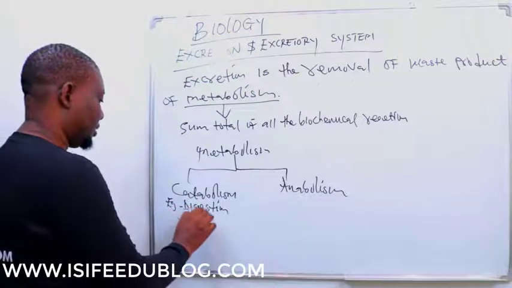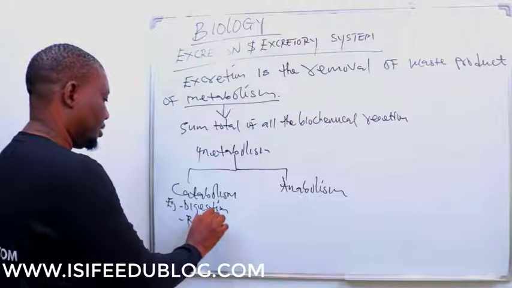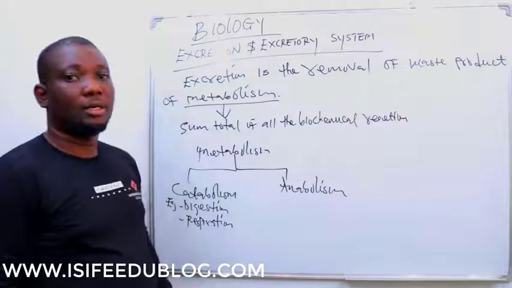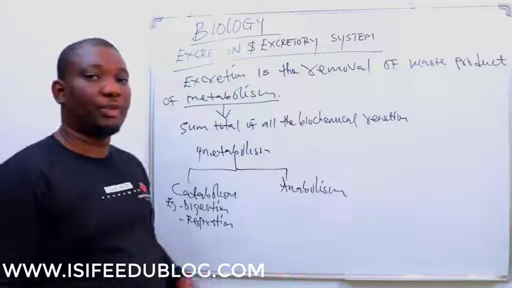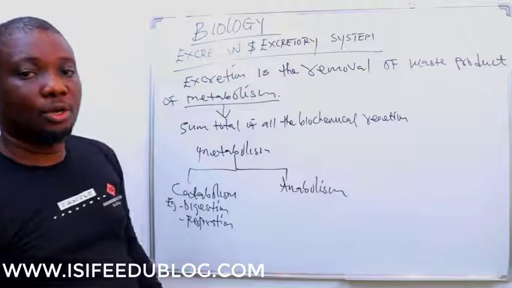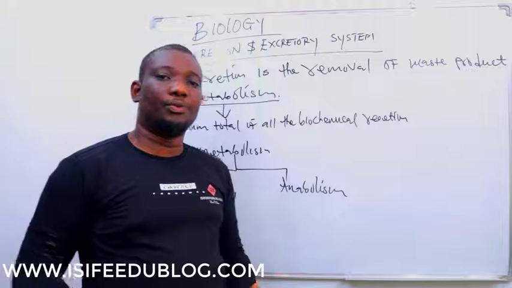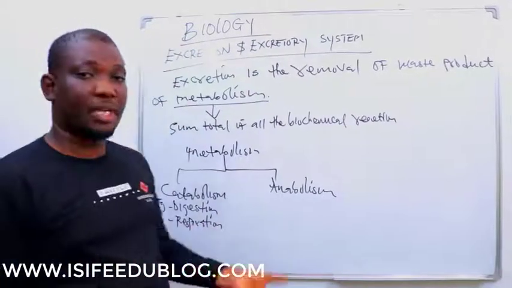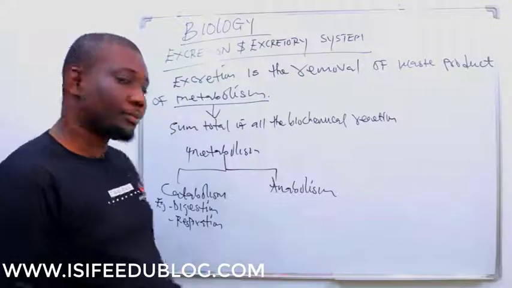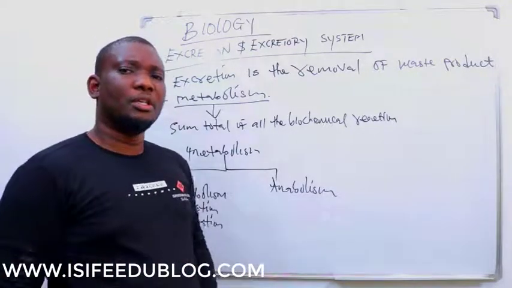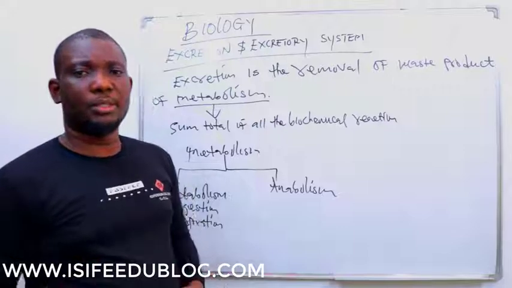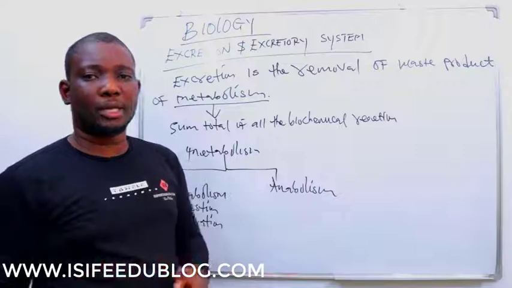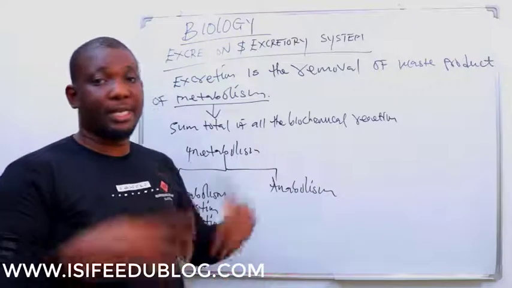Also, respiration is a catabolic process. Breakdown of protein into amino acid or breakdown of starch into glucose are forms of catabolic process. Then in respiration, the oxidation of glucose yields byproducts like carbon dioxide, water, and energy.